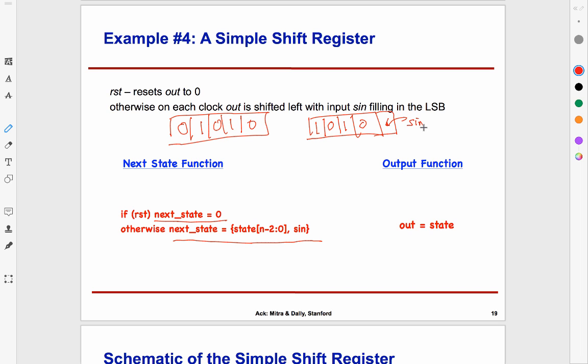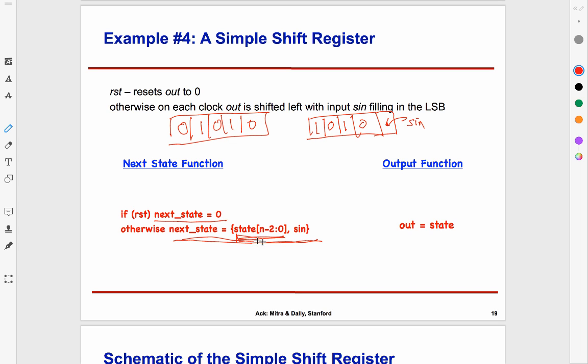So I'm shifting left, and I'm feeding in whatever the value of SIN is at the time. What this is saying is the following. The next state, which is an n-bit number, I want to make such that its upper bits are what used to be bits 0 through n minus 2, because the n minus 1th bit, the most significant bit, I have discarded.